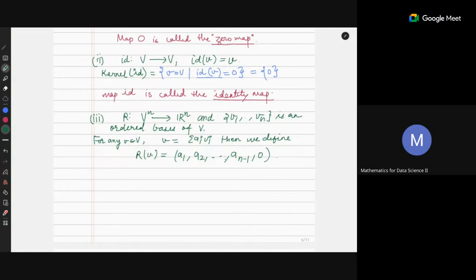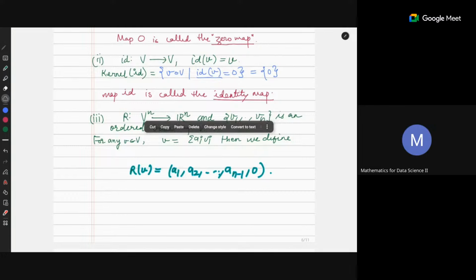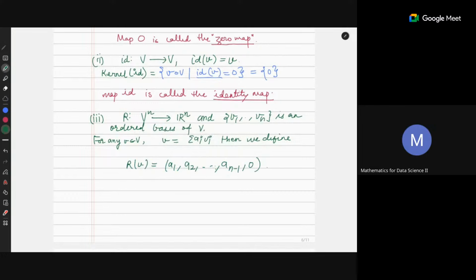Now any vector V in V can be written as a linear combination of the basis of V, right? And suppose their coordinates are the Ai's. So you can think of V as having coordinates A1 to An with respect to this given ordered basis.